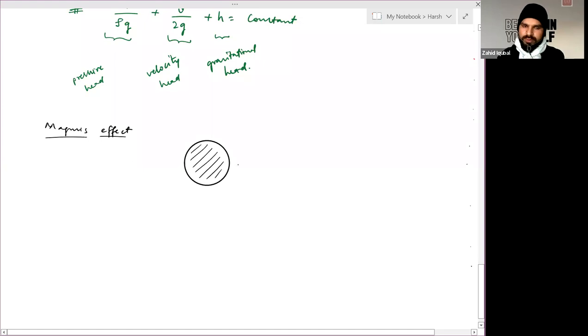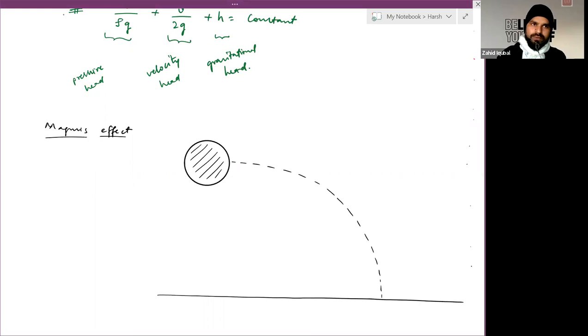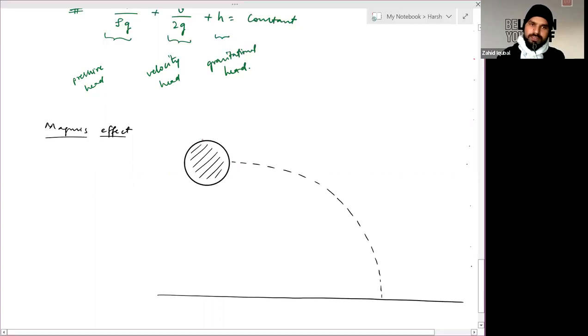If it is thrown without spinning, it may follow this particular trajectory and hit the ground at this particular point. Now, what will happen if you throw this object while it is spinning clockwise, let's say along this way? Will there be any change in its trajectory, or will it follow its own trajectory?